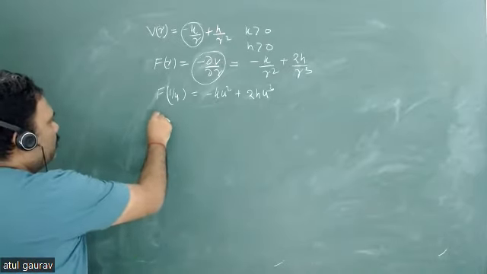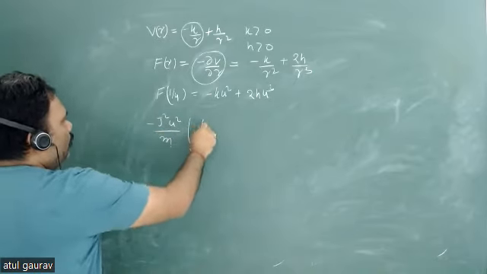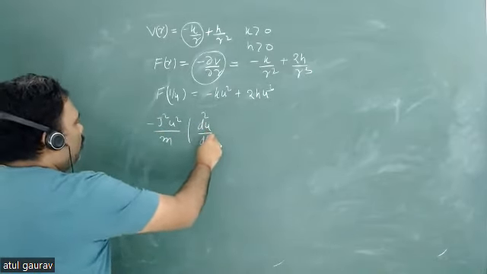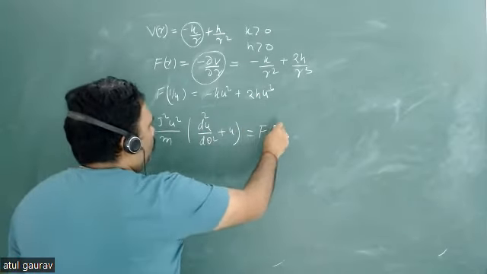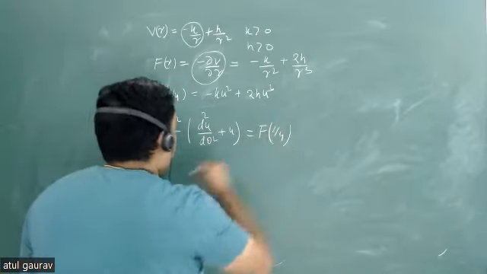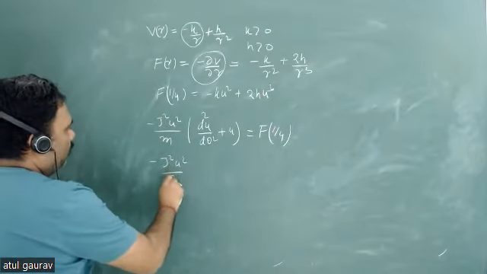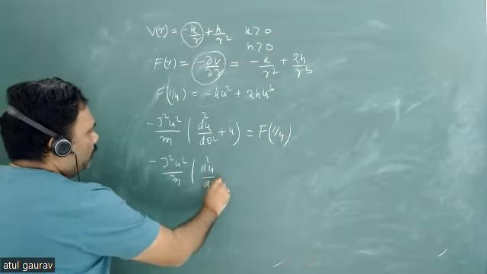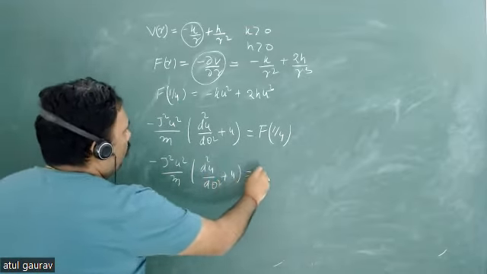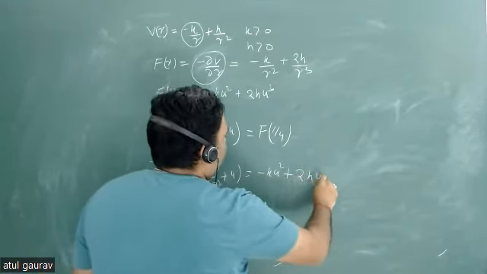So minus j square u square upon m, d square u d theta square plus u is equal to f(1/u), that is minus k u square plus 2h u cube.